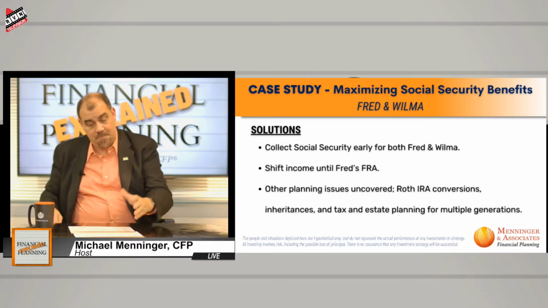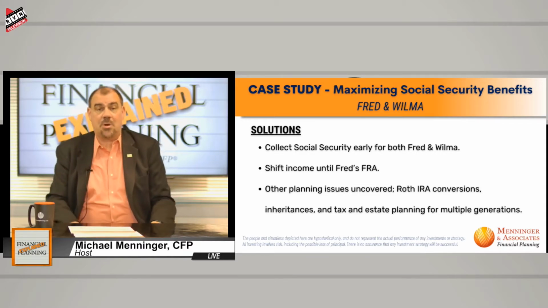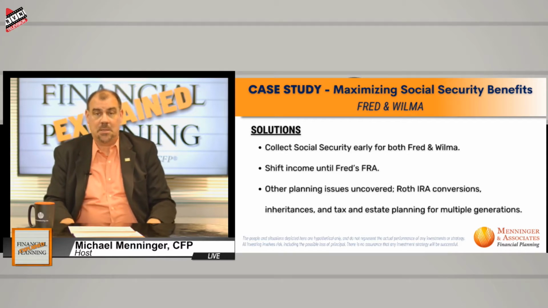I said, are you aware of the fact that your IRA is going to kill you? You've got a pretty substantive amount of IRAs here. I said, are you aware of the rules that took effect in 2020? If you and Fred, whatever order it turns out to be, die, you pass all that money to your kids.